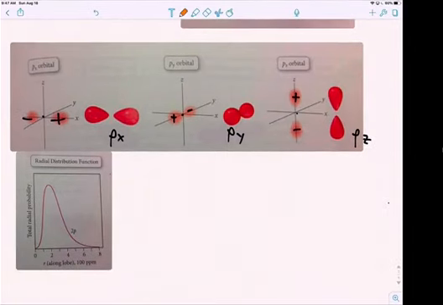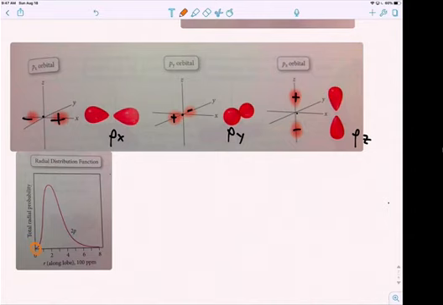Now here are the p orbitals. I told you they're not meant perpendicular. The two p orbitals have a node at the origin, so the p orbitals do not have very much electron density in the nucleus of the atom. Another thing about the p orbitals, they have signs to the wave function.